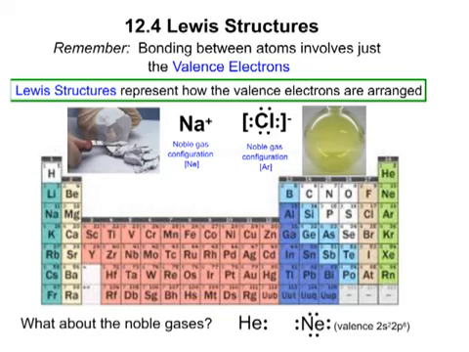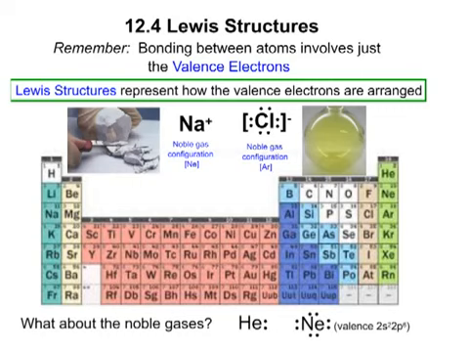They have a full octet, whereas in the case of helium, a duet. So chlorine is going to gain one electron and become a -1 charged ion. This is how the chlorine atom looks when we represent it in a Lewis structure. Each of these little dots represents an electron, and we can see that chlorine has a full octet with 8 electrons around it.